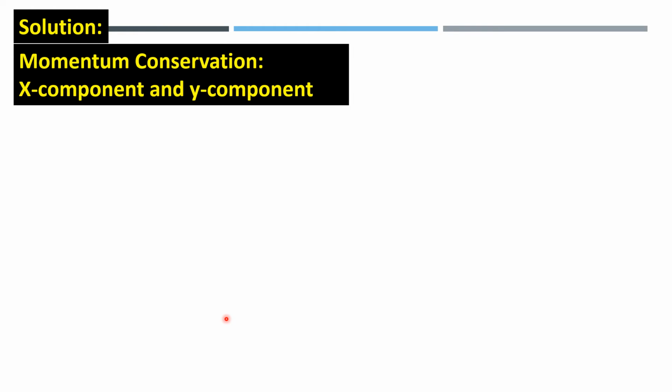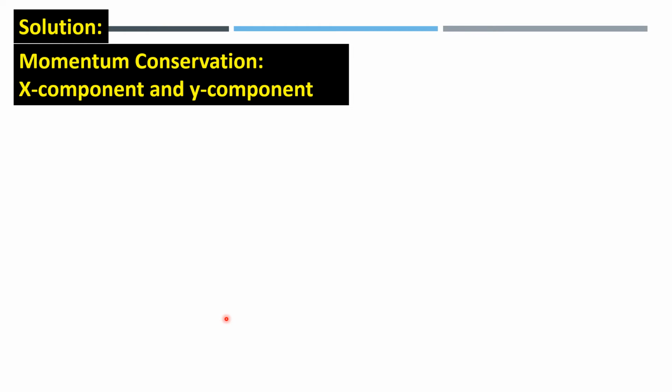You must have noticed that this kind of problem is a two-dimensional problem in the law of conservation of momentum. In other words, there are components of the momentum for both particle A and particle B. We have the x component and the y component of their final velocities.